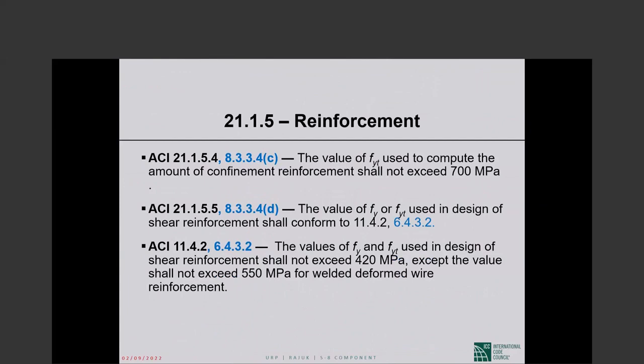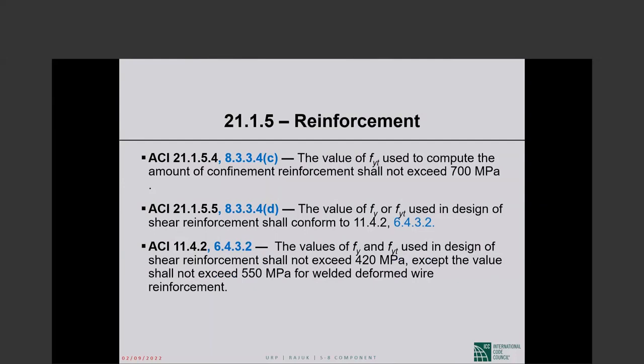Okay, going beyond the standards, the value of f_yt, the yield strength of transverse reinforcement used to compute the amount of confinement reinforcement, shall not exceed 100 ksi, 700 MPa.